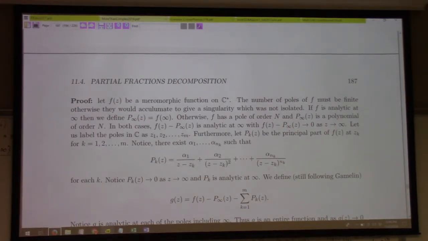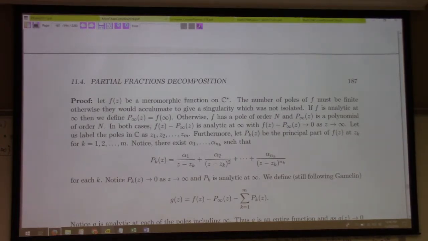I'm defining p infinity in this paragraph, if you're wondering. Basically, let p of z be the principal part of the function which we're given at infinity. That's what p infinity of z is, all right? So it's either 0 or it's a polynomial of order n.